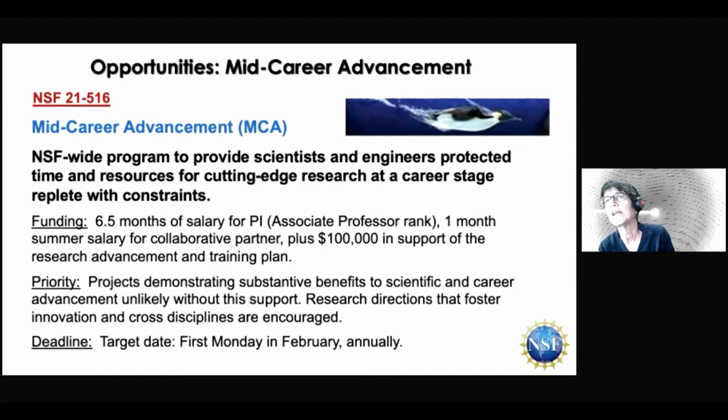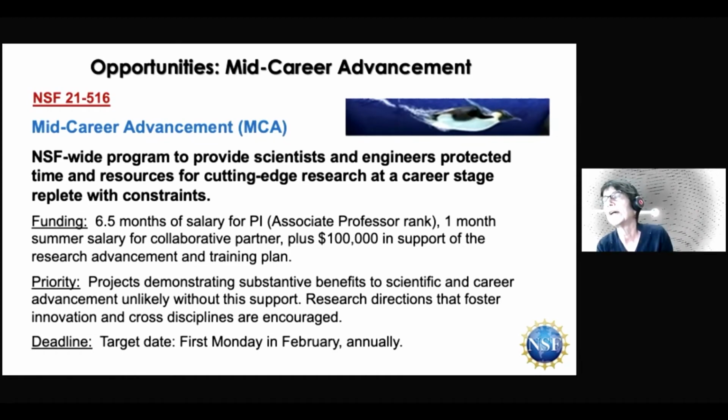And so the idea here is that it is again protected time, in this case 6.5 months of salary, to allow the PI, and it encourages the PI, to go and form a partnership with basically a mentor, and to develop a new or strengthen an area of investigation.